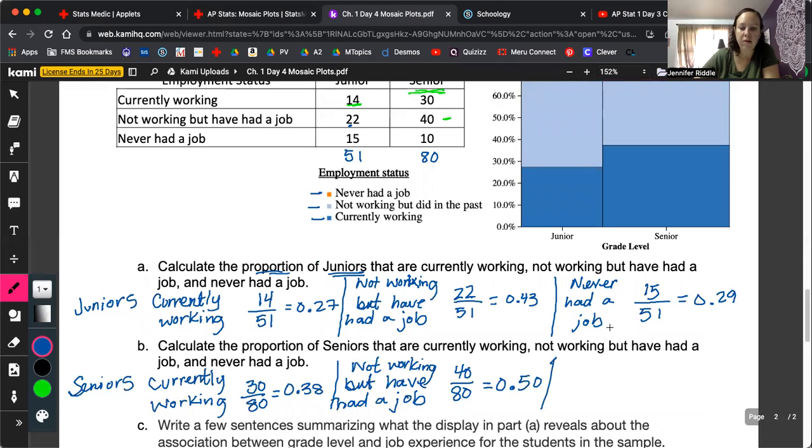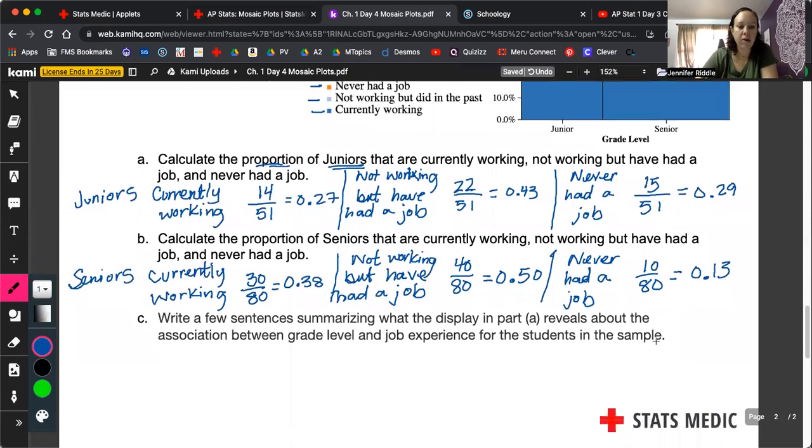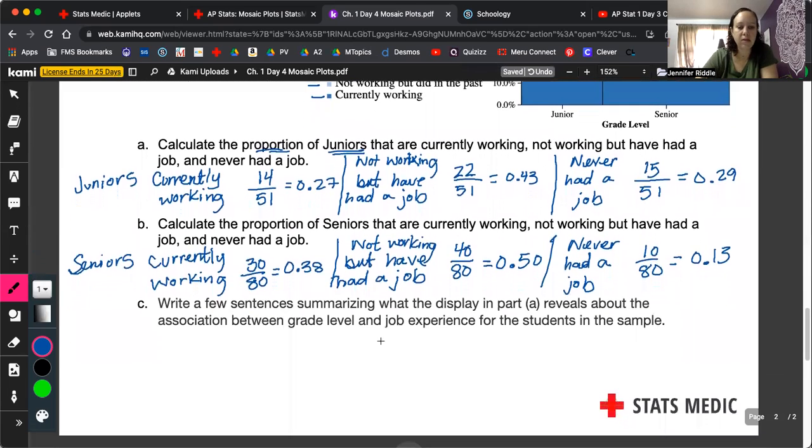And then finally, seniors who have never had a job are 10 out of 80, which is 0.13.